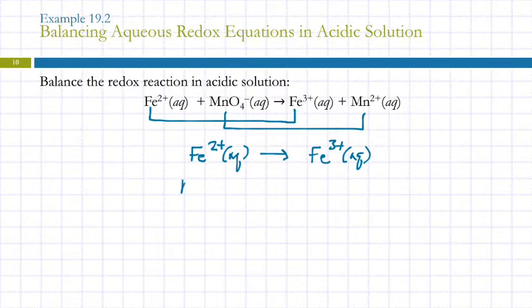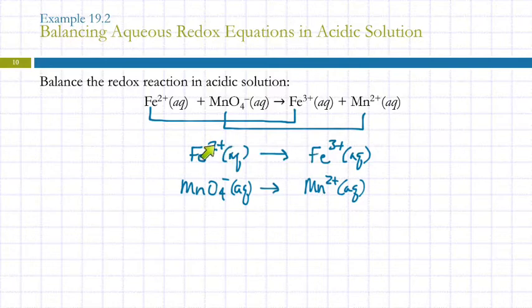And then the other reactant is permanganate ion, and that's going to go to Mn2+. Next step is balancing by mass. So the first one is fine. The second one, the manganese is balanced, but I've got oxygen over here and there's no oxygen over there.